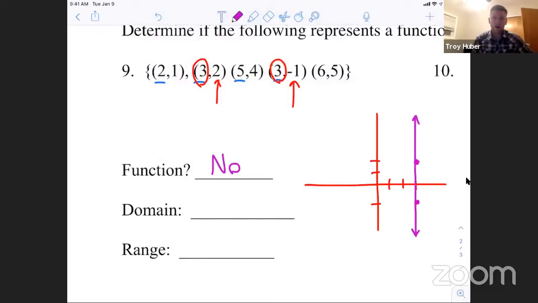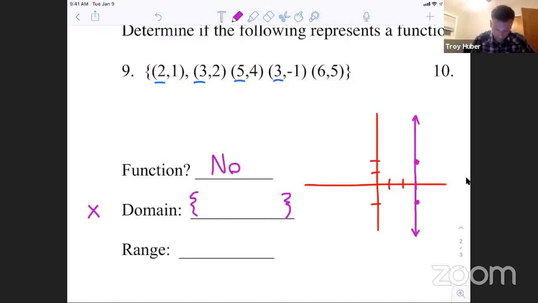All right, our domain, I'm always looking at X values. I'm going to write it in set notation. That's what those little squigglies are. They're a little hard to draw. I'm going to try to do it in order from least to greatest for my X values.